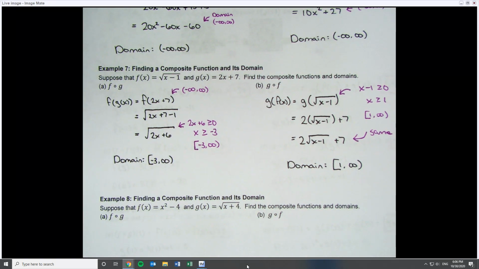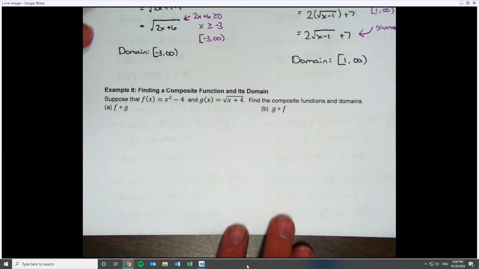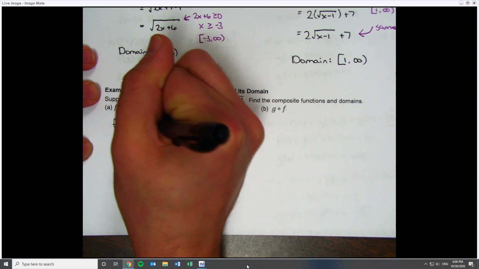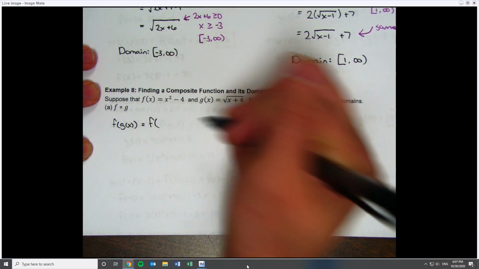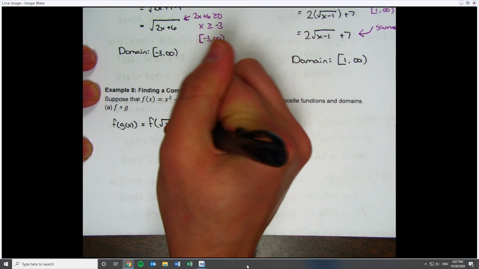So hopefully it's getting a little bit better for you. If not, I have one more example to show you. Okay, so looking at the final one, and this one's kind of fun how everything plays out. Starting as usual, I have f of g of x. So I have f of my g, which is x plus 4.